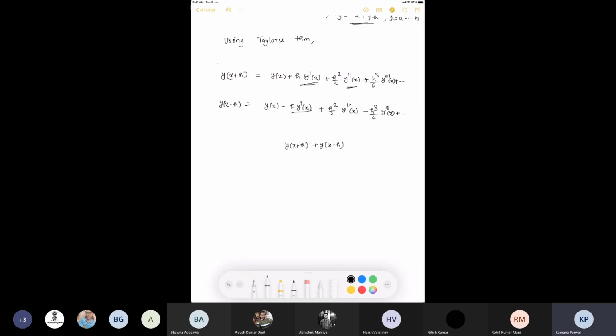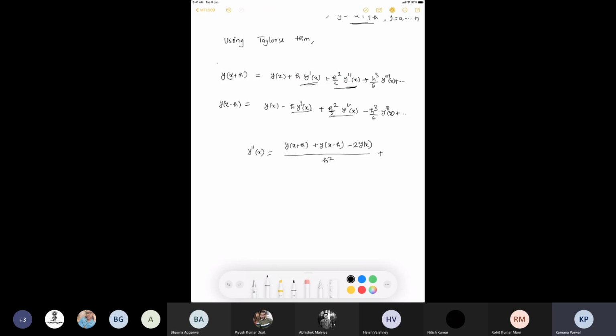To find the approximation of y double prime, you will have 2 y of x sitting here, so I'm taking minus 2 y x. And the complete thing I'm dividing by h square, because when you add these two terms, you have h square by 2 from here and h square by 2 from here, so it will be h square times y double prime. So you're going to get the approximation of y double prime of x.